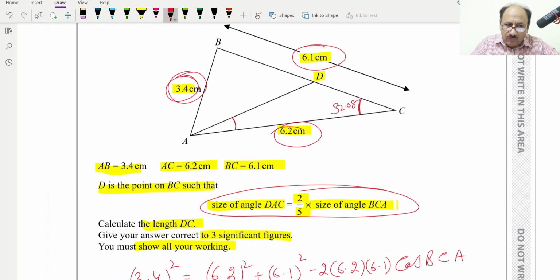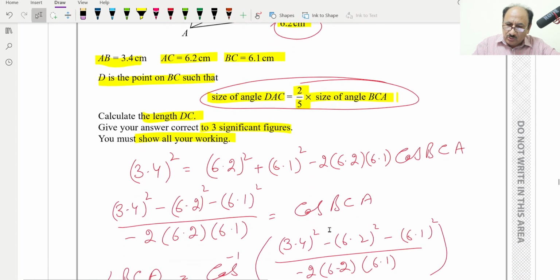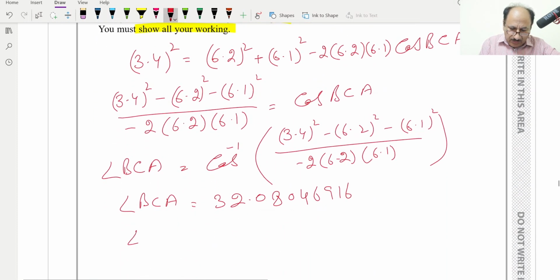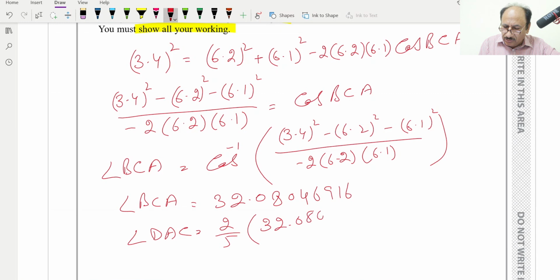So angle DAC is equal to 2 over 5 of 32.0846916.